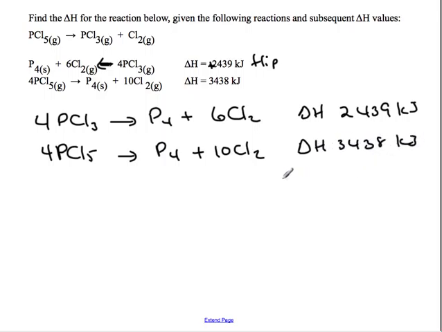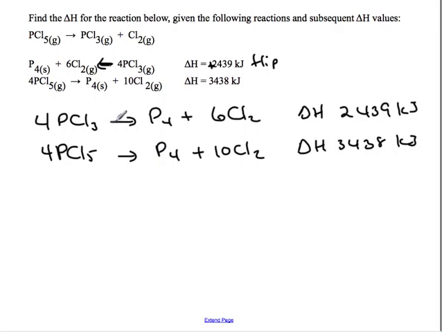Now, I'm going to start trying to get rid of some things. Notice that the PCl3 is on this side, and there's no PCl3 on the other side.